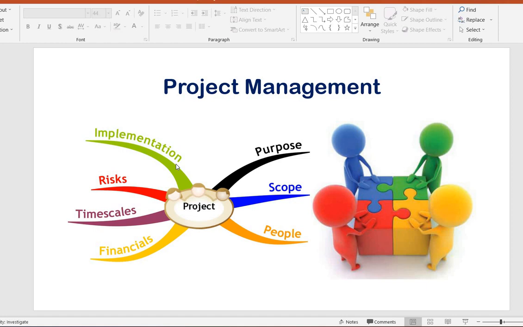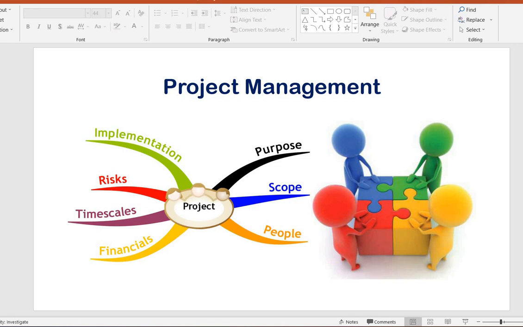In day-to-day life, a project may be a simple proposal for some financial activity, or investment, or trading, anything it may be. So the purpose varies, and accordingly its scope is going to vary. When we talk about any commercial, product-based, or manufacturing industry based project, the scope is different.